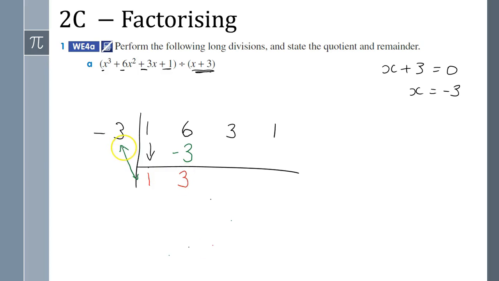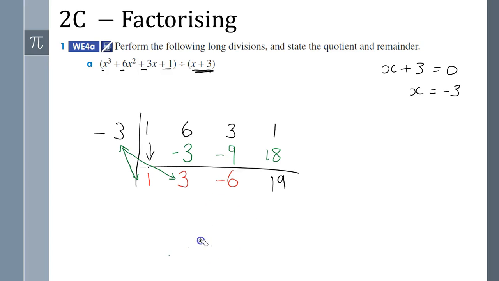And then again, I'm going to multiply negative 3 this time by 3, which is negative 9. I'm then going to go 3 take away 9, which is negative 6. And then I'm going to multiply that by negative 3, which gives me positive 18. And 1 plus 18 gives me 19.